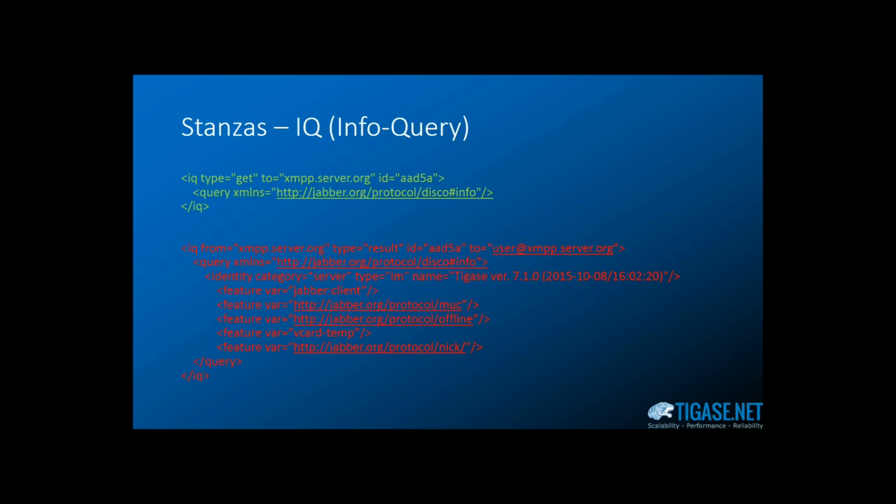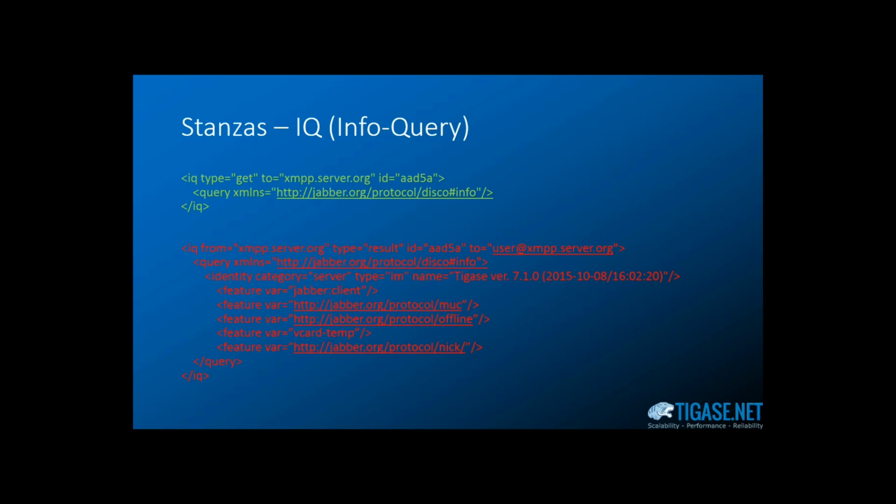In this example, we are sending an IQ type of get query to xmpp.server.org. In this case, it will retrieve a couple things for us. After the sub-element of query with the XML namespace disco#info, we receive an identity explaining that it's a server, what type of server it is, and the name and the data as provided by Tigase.